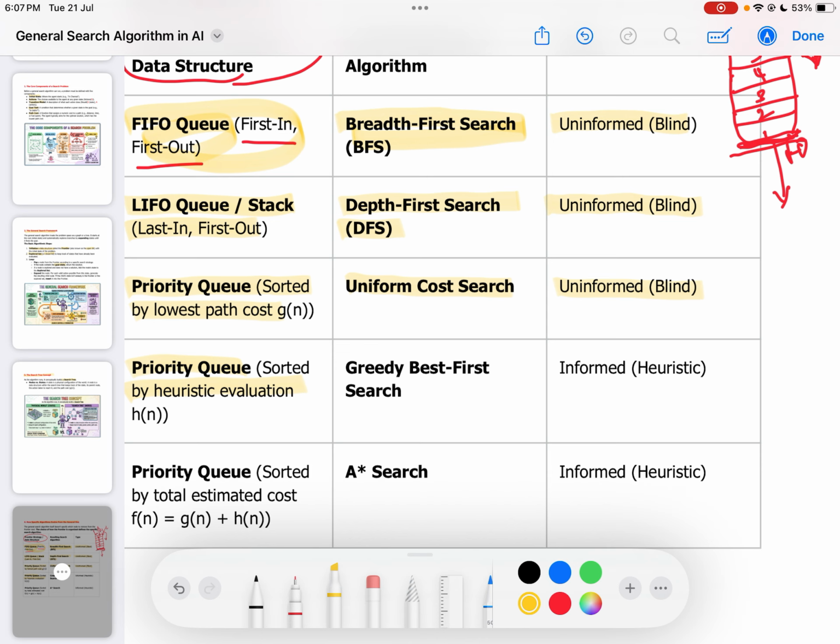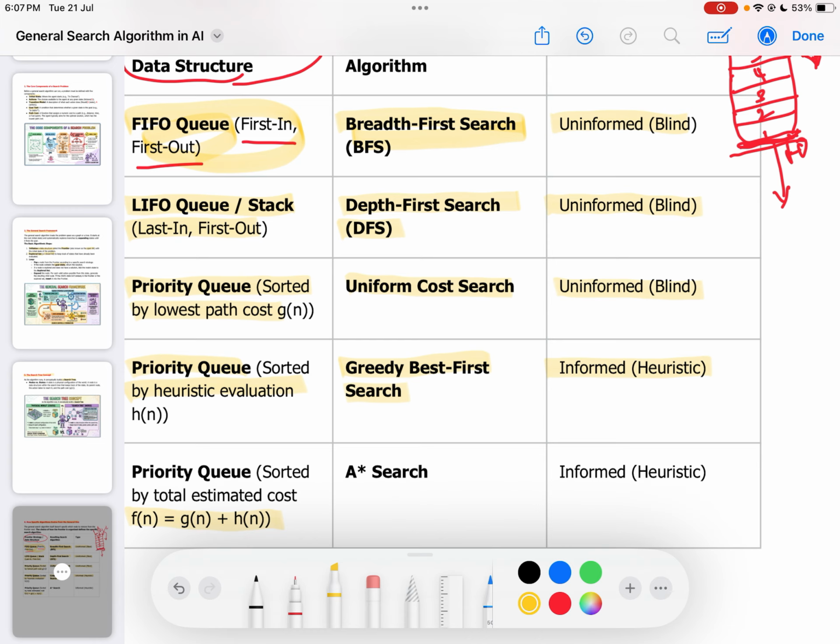Heuristic function is given here. So f of n is equal to g of n plus h of n. This uses greedy best first search. This is informed search, which means the path cost is known. That's why it is using a heuristic function to calculate the cost.